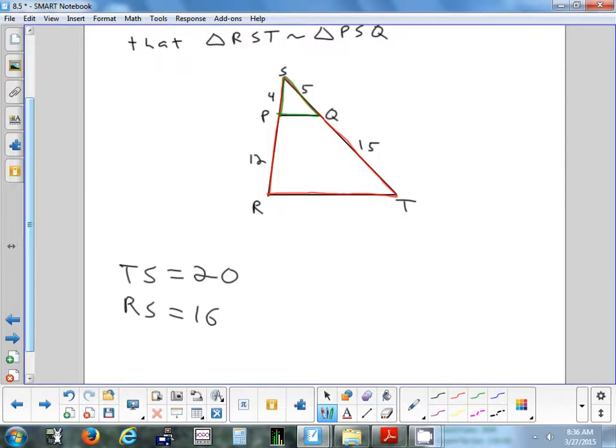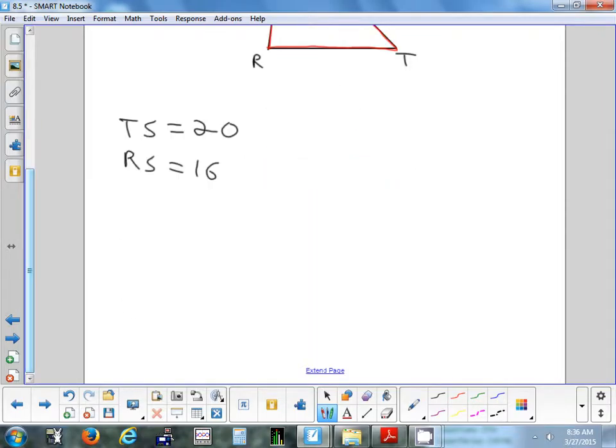Now we got to try to see if we can set up a proportion that would allow us to use one of our theorems. S is congruent to itself. Okay, we have an angle that's congruent to itself. So angle S is congruent to angle S. Let's write that down because that's going to be one of the statements we need to say when we do our similarity theorem.